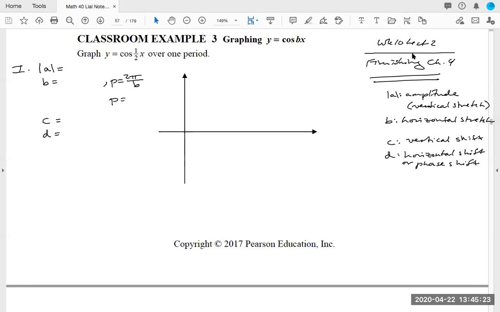Our form is y equals c plus a times cosine of the quantity b times x minus d. This whole b times x minus d is in the argument of cosine.